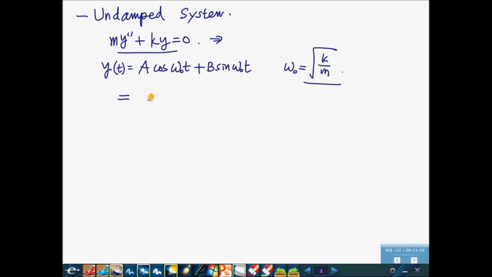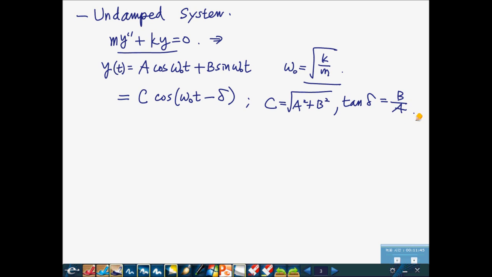And you can always convert it to one cosine function with this. C is the square root of a squared plus b squared, and tangent delta is b over a. Okay? You can always convert the cosine-sine linear combination to one cosine or one sine function.